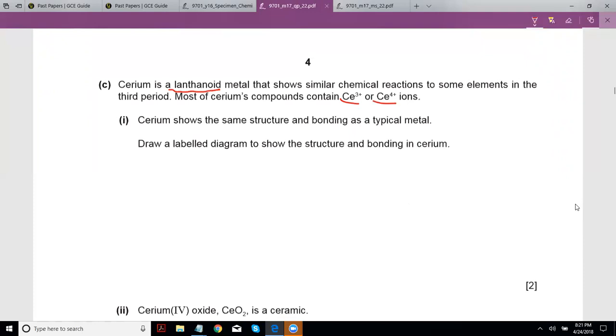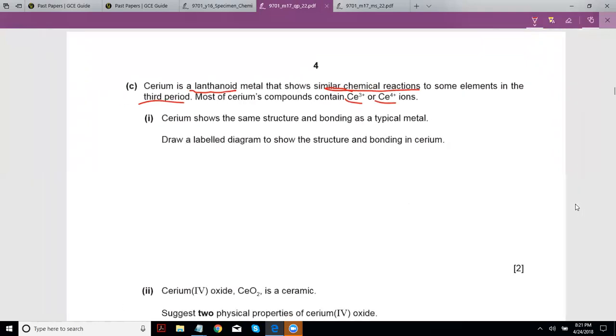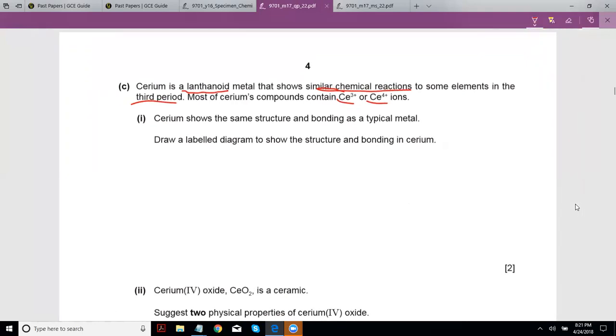They give a metal where you're like, what is this thing, and then they say similar chemical reactions to some elements in the third period. So that's your cue. They'll be forming some sort of link or similarity. So it shows the same structure and bonding as a typical metal. Draw a labelled diagram to show the structure and bonding in cerium. Right. So its structure will exist as a metallic structure.